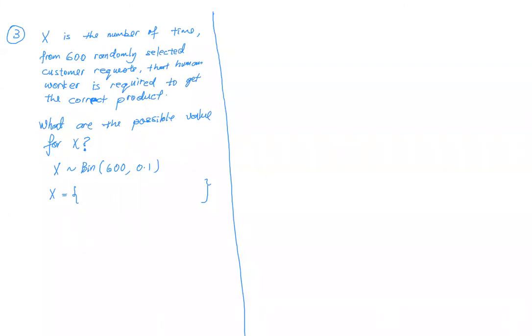So what are the possible values for X? So out of this 600, how many that the human worker has to retrieve the correct product? So that is the meaning of what are the possible values for X. So anyone like to try?